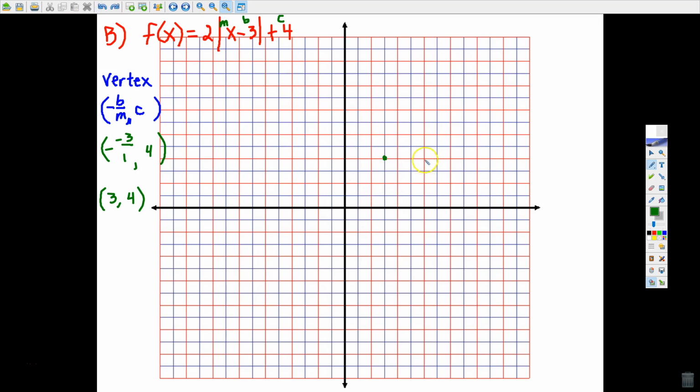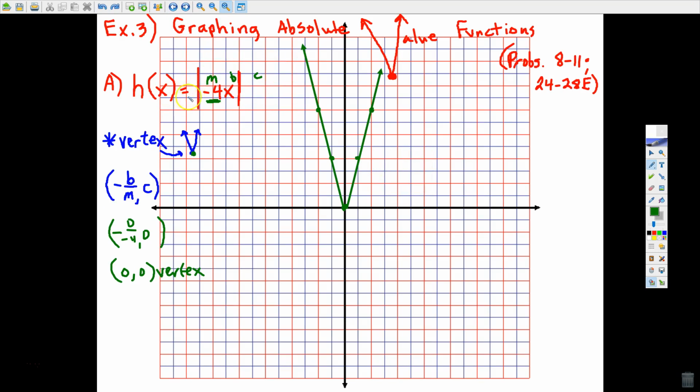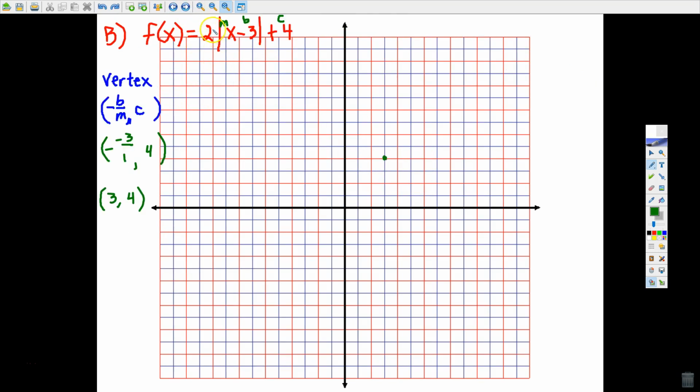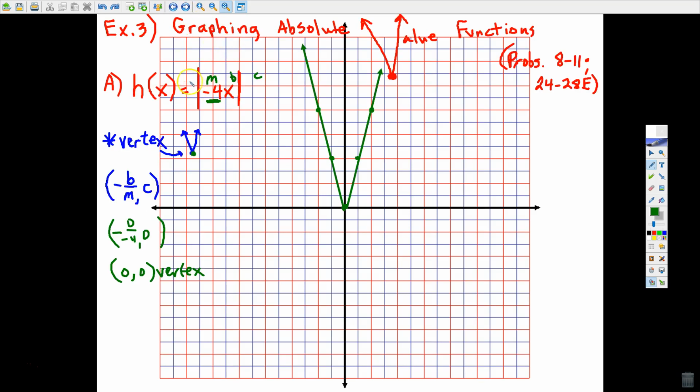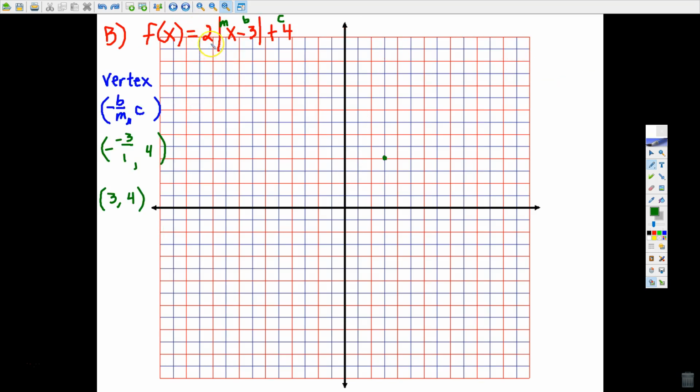Okay, well here's where it's a little different than what we did before with this problem and previous problems that we've done with absolute value. When we have a number being multiplied times this absolute value, like this 2, notice we didn't have that over here. It's assumed to be 1. Whenever there's something like this in front of the absolute value, it affects the way you do the slope.